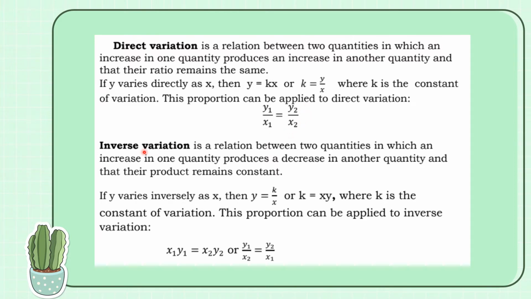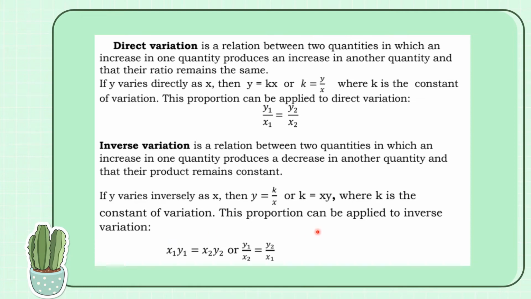An inverse variation is a relationship between two quantities in which an increase in one quantity produces a decrease in another quantity, and that their product remains constant. Statement: y varies inversely as x. Then y is equal to k divided by x, or k is equal to x times y, where k is the constant of variation.